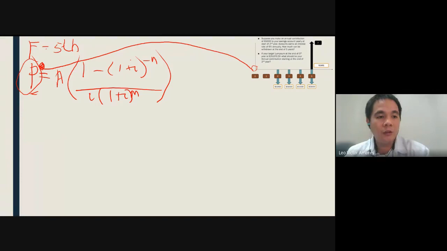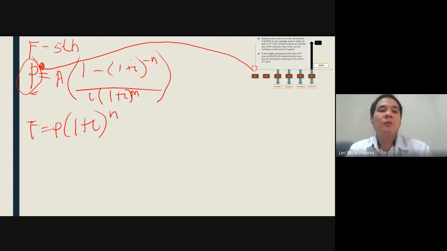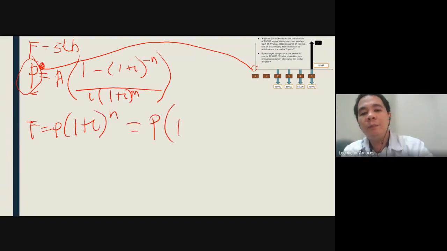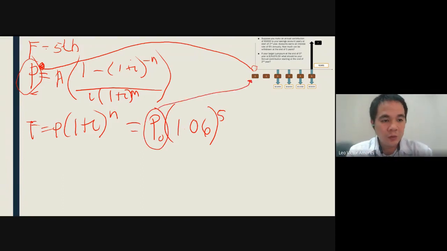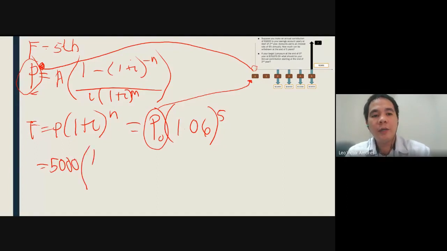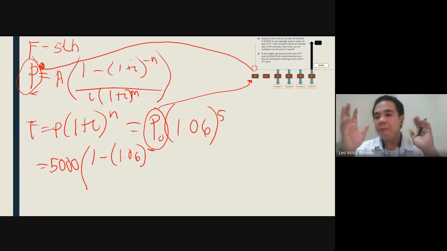You already know that the formula for a future value is equal to P, 1 plus i to the power of n, wherein 1.06 to the power of 5 years. So your P is the value at year 0. Next, let's substitute. You all know that the value of your annuity is 5,000 multiplied by 1 minus 1.06 to the power of negative n. The n indicates the number of payments.